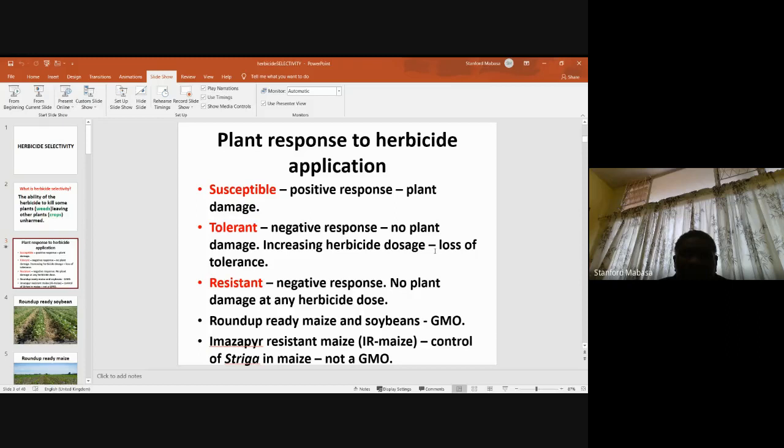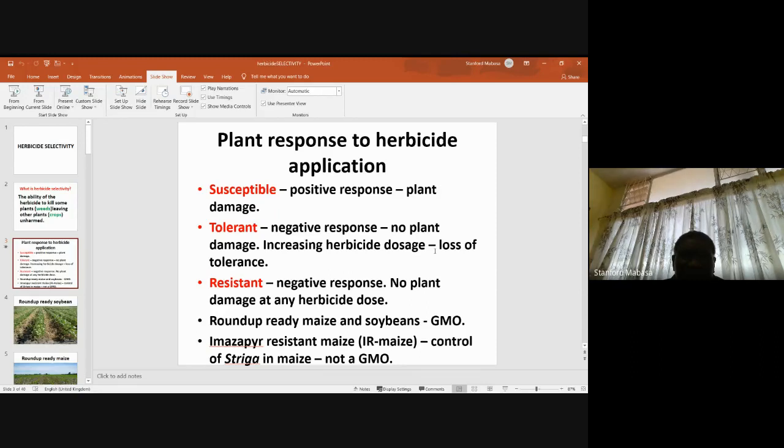Now, plant response to herbicide application. If you apply a herbicide to the plant, if it is susceptible, we say there's a positive response, or plant damage.